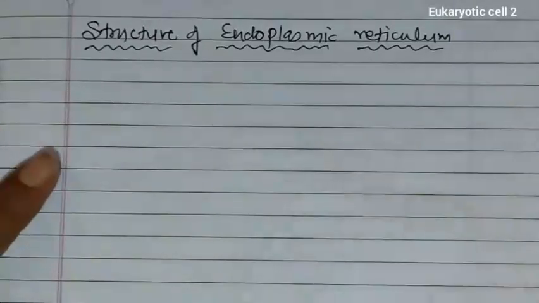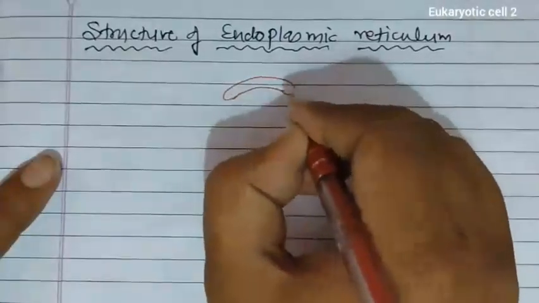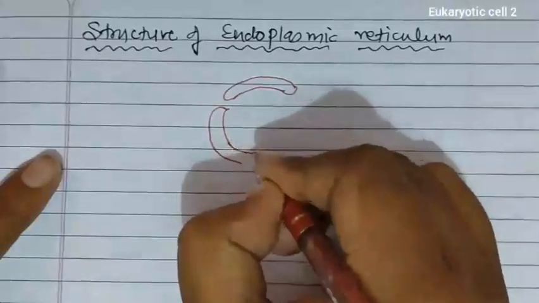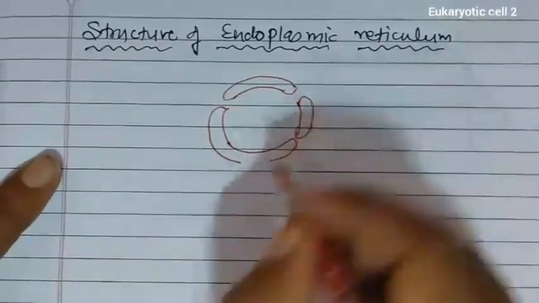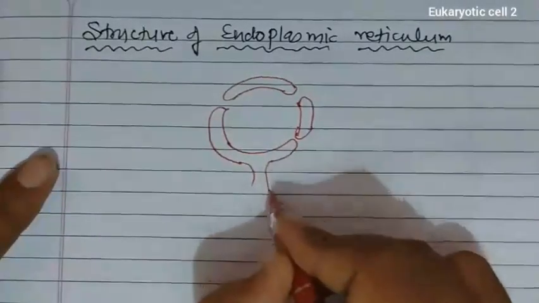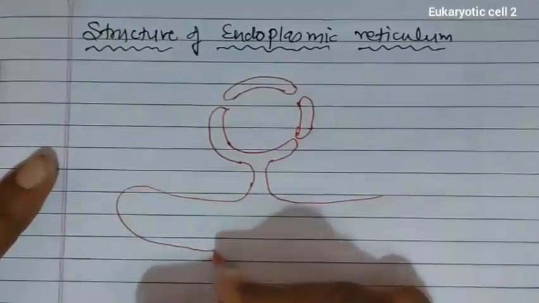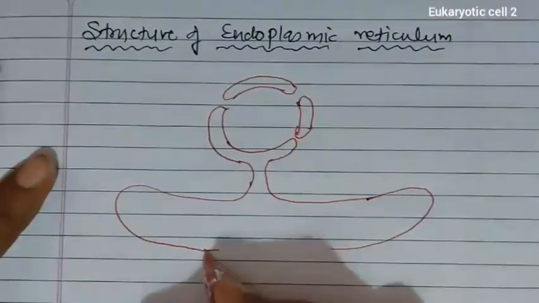Now if we draw the structure, this is the nuclear envelope, and from the outer layer of nuclear envelope this endoplasmic reticulum arises, and this forms cisternae like this.